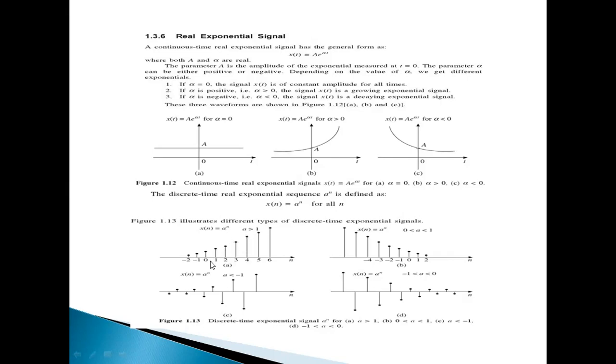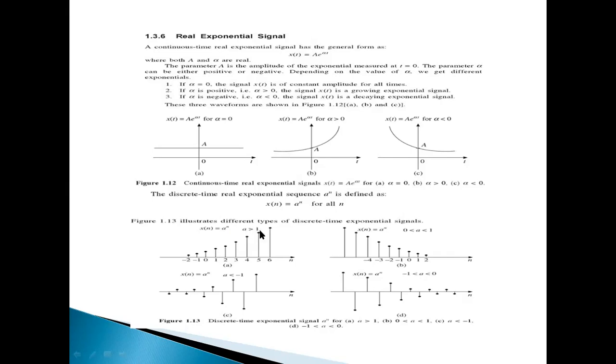So when n is equal to 0, the value is a power 0. When n is equal to 1, a power 1. When n is equal to 2, a square, n equal to 3, a cube, and so on. And a is greater than 1.